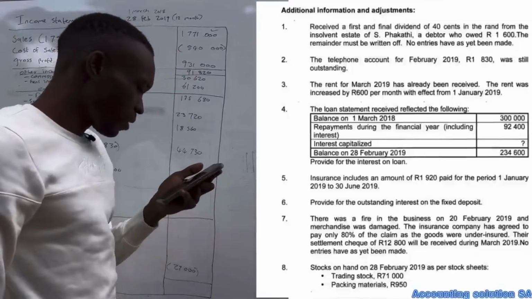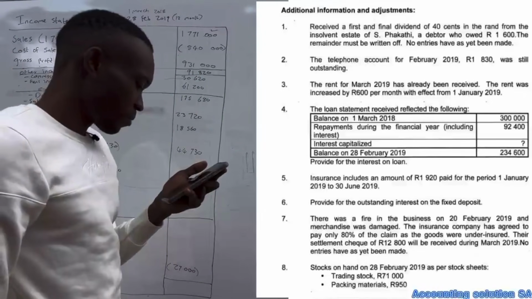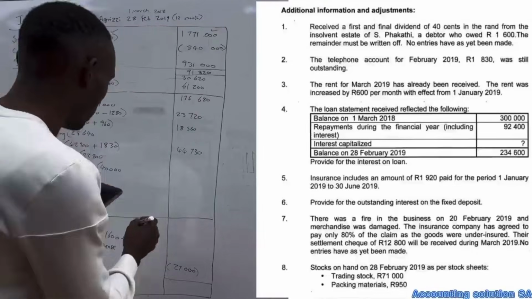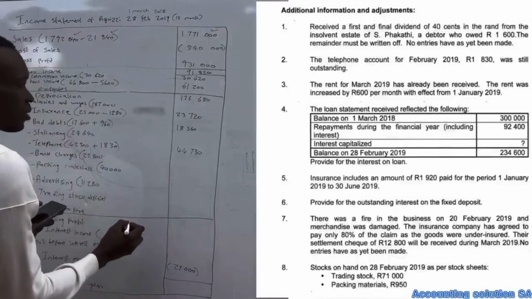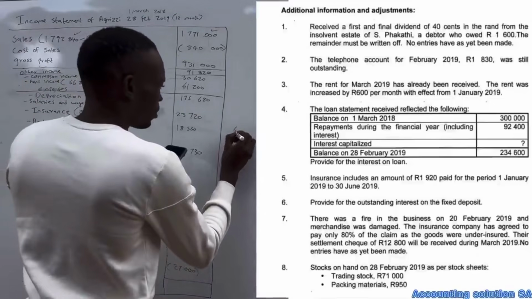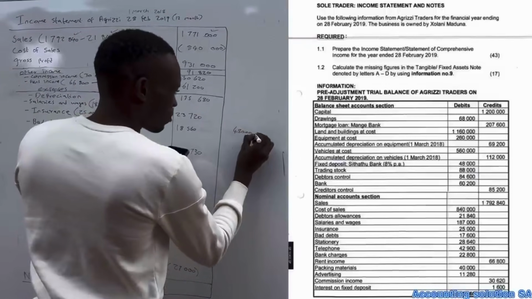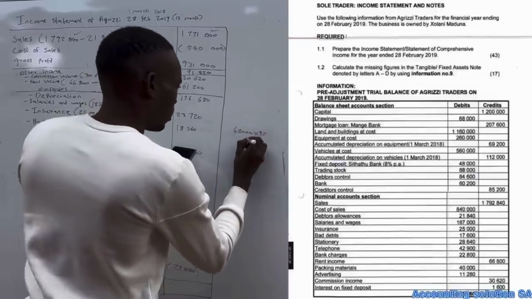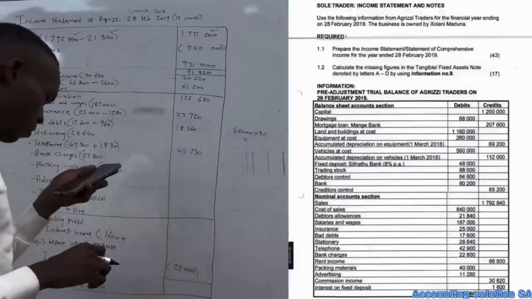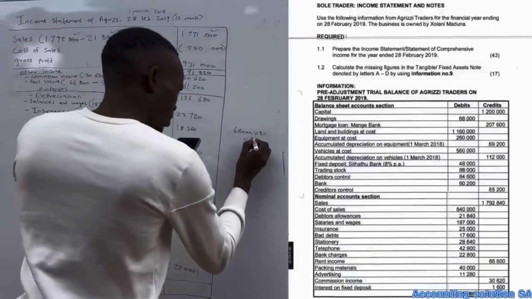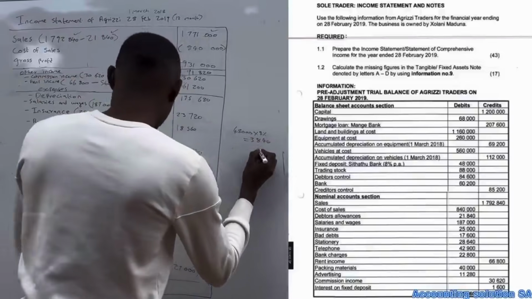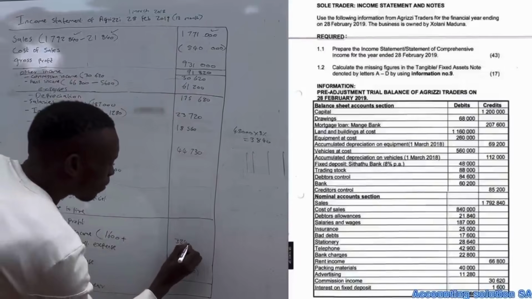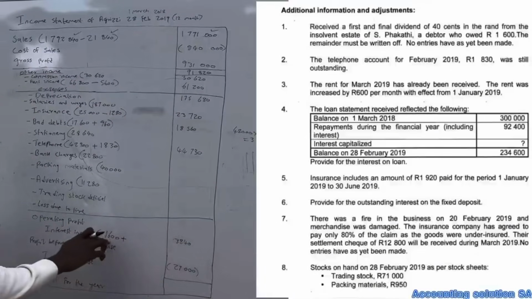The interest is 8% per annum, and the amount is 48,000 of interest on fixed deposit. Okay, it is 48,000, which was supposed to be calculated by 8%, and the answer is, it was supposed to give you 3,840. This is what was supposed to be recorded, 3,840, but they recorded 1,600.